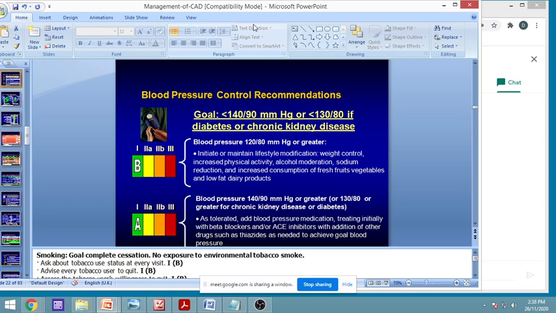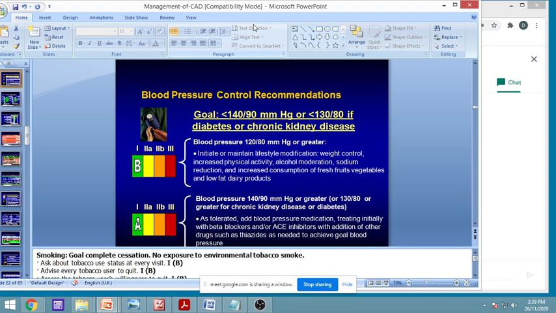Then how blood pressure control regimens are there, and how we can recommend them. We try to make the goal 140/90 or 130/80, or we try to reduce blood pressure by 20/10. Our goal was a minimum reduction of 20 systolic and 10 diastolic, and then we can go for further addition or changes once it is stabilized.